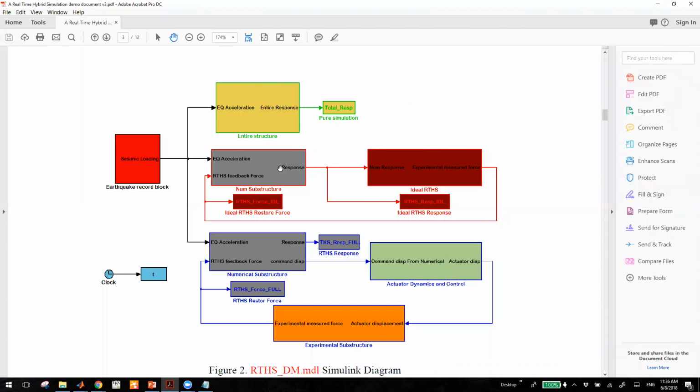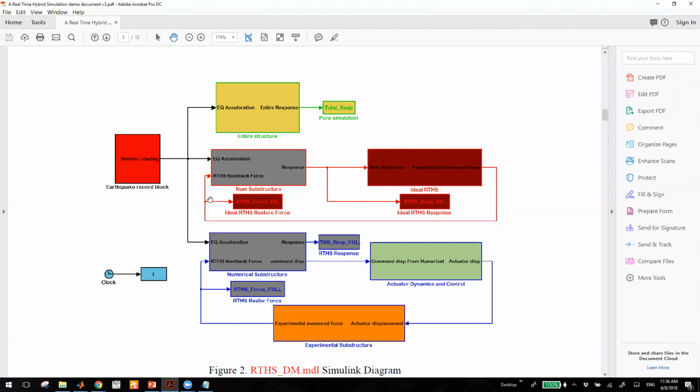And then the second layer is a representation of ideal real-time hybrid simulation. By ideal, we mean we don't have any actuator dynamics involved in the second layer. So we only have numerical substructure and experimental substructure, which is the partition of the mass, stiffness, and damping of the entire structure into 2 parts.